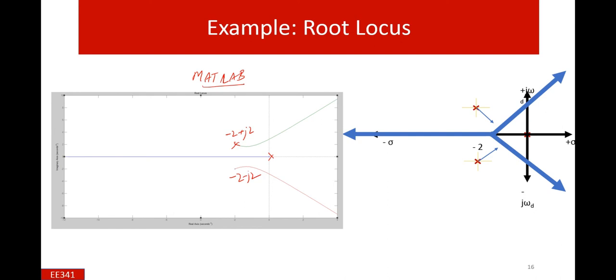So these are the guidelines, and in a similar way we can find the root locus of other transfer functions, when the poles and zeros are in a complex plane. This is the example, and you can try different examples.